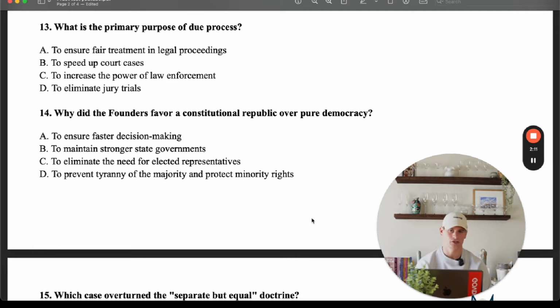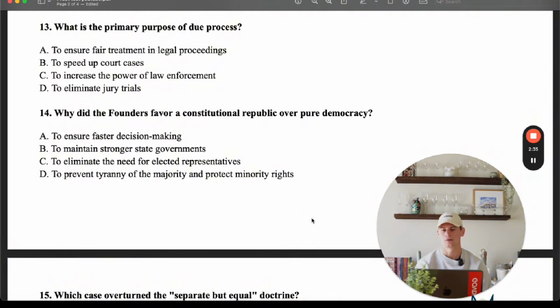Now, a couple of these answer choices are actually kind of anti-democratic. If you know anything from your civic studies, the United States is a republic, so a representative democracy. So eliminating jury trials and increasing the power of law enforcement cut against that idea. So you are left with 2 answer choices here. A is to ensure fair treatment in legal proceedings, and B is to speed up court cases.